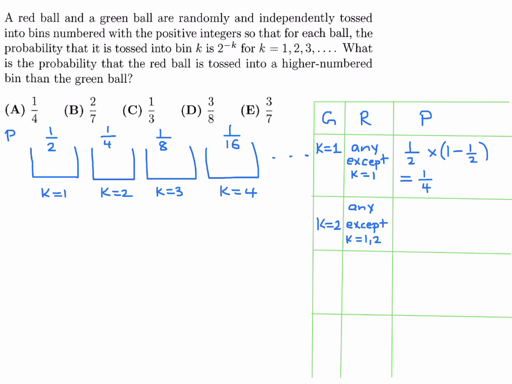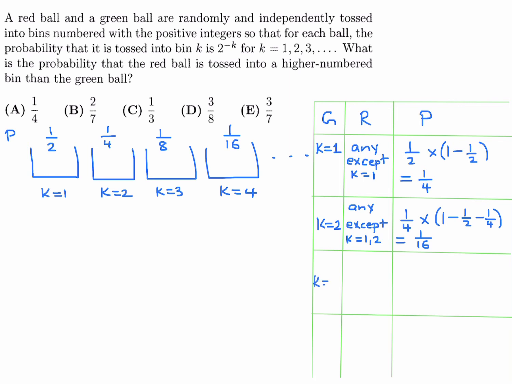So the probability that we put g into k equals 2 is a quarter. And then multiply this by all of these, which would be 1 minus this and this. So 1 minus a half minus a quarter. And that, I believe, is a quarter. So this is going to be a quarter times a quarter, which is 1 over 16.